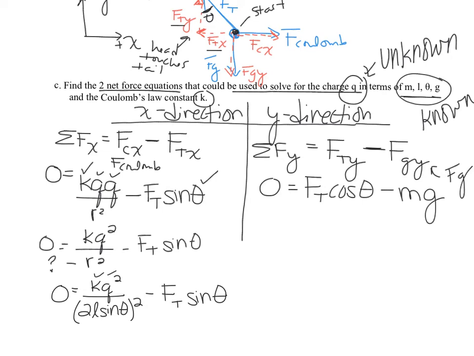So now, everything in my equation is either a known or unknown except for this force of tension. So let's come back to that. On my y direction side, I have theta, m, and g. Those are all knowns. And I have a force of tension, which is not a known. So now I see I have one equation that can be used to find Ft.